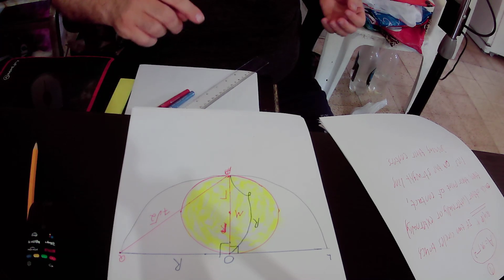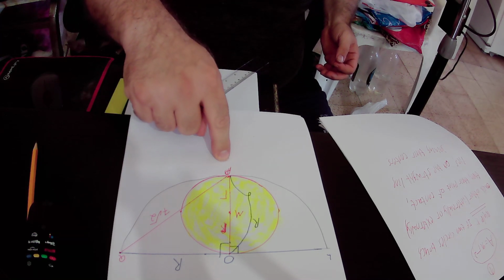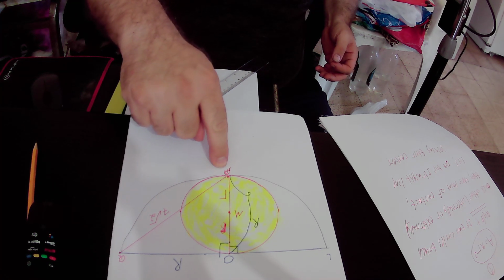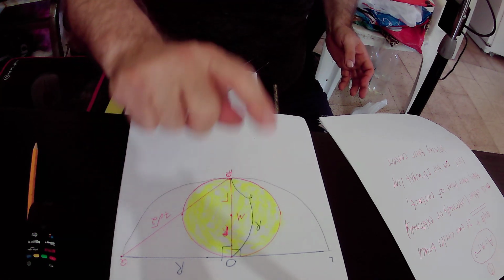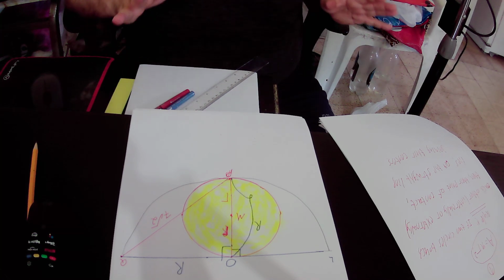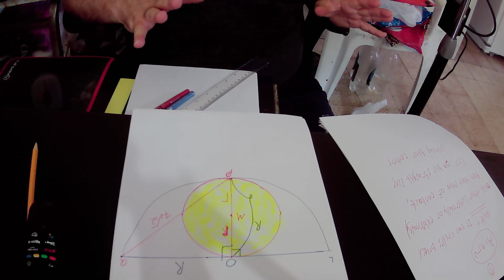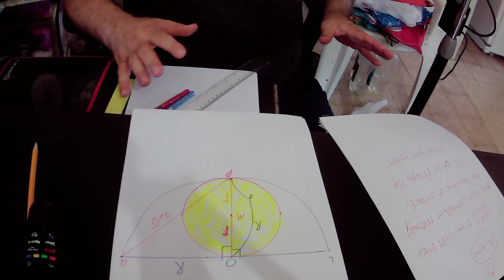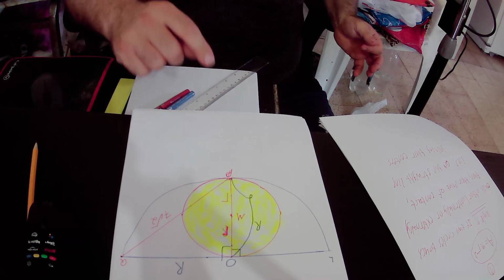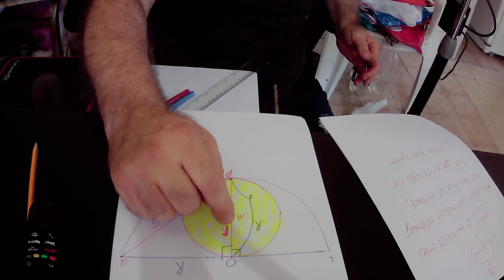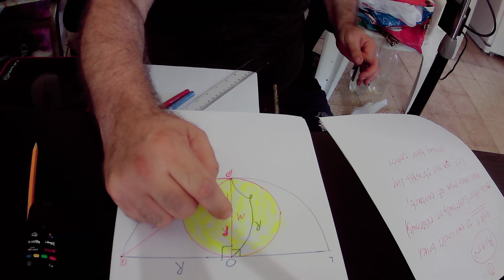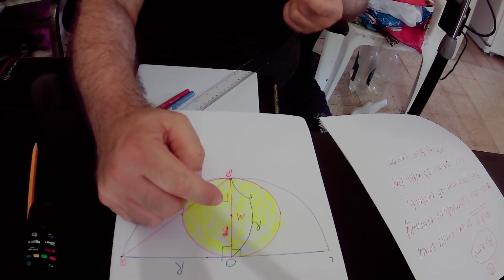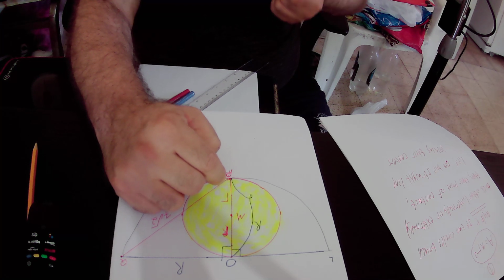The line segment MO, which joins the two centers together, creates with point P one straight line.